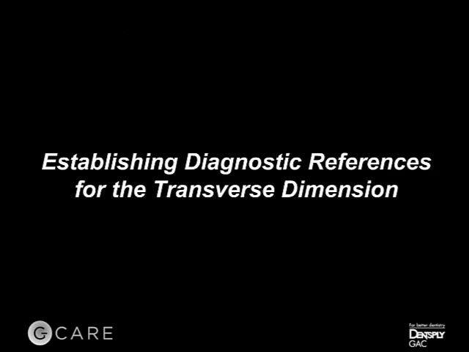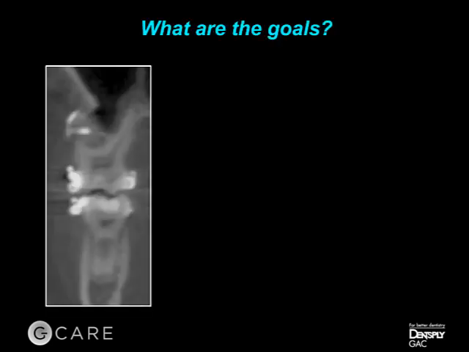So, in line with our goals being universal, objective, and quantifiable, it's hard to objectify a result or objectify a treatment without having a diagnostic reference for what you're trying to achieve. And the transverse dimension is no different. So what are the goals?